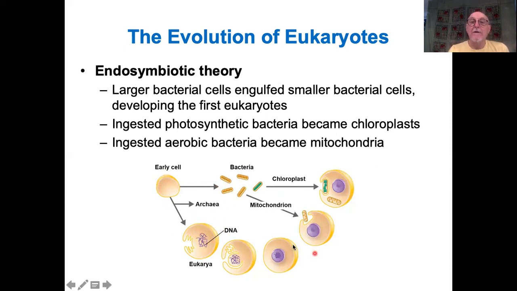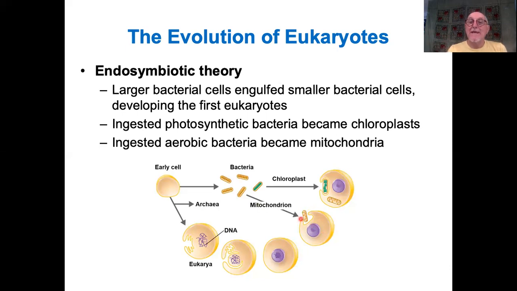actually took in bacteria. One lot of bacteria were oxidative bacteria. They were bacteria which could use oxygen, which could use up oxygen to produce ATP. And up until that time, these cells were stuck with more primitive systems, which were very inefficient sources of ATP.